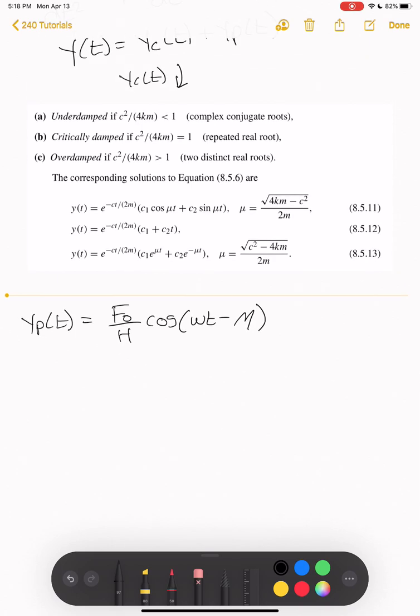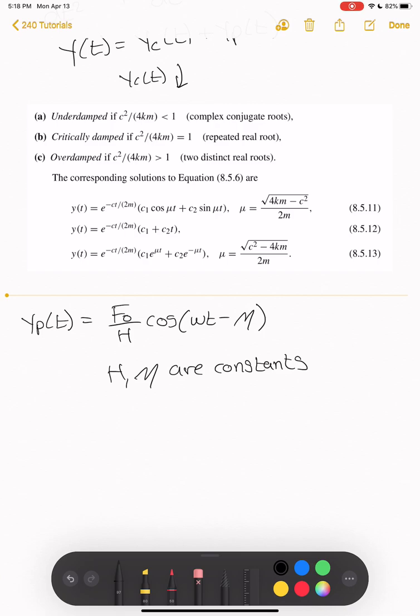And h and mu are constants. The textbook gives definitions; in fact, we'll use them in a second in our example. But they're constants, so we just have some constant oscillation function going on here.